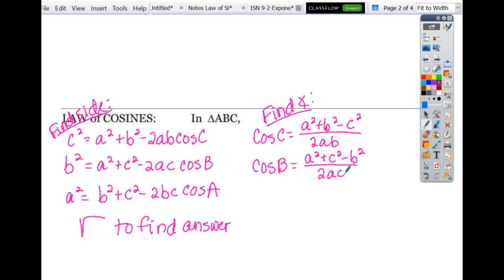I just switched out the variables. And if I want the cosine of A, I would have B squared plus C squared minus A squared over 2BC. Now, when I get this answer, it equals the cosine of A. So how do I find the angle?